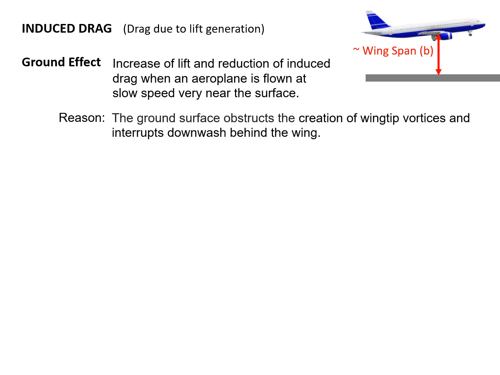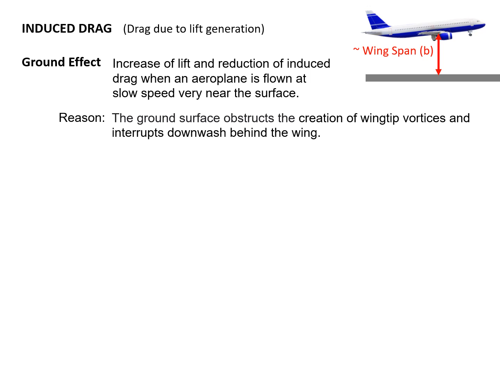Why do we have the ground effect? Why, when the aircraft is closer to the ground, is the lift increased and the drag reduced? That's because the ground surface obstructs the creation of wingtip vortices and interrupts the downwash behind the wing, which means the wingtip vortices cannot be fully developed, and the downwash is destroyed.